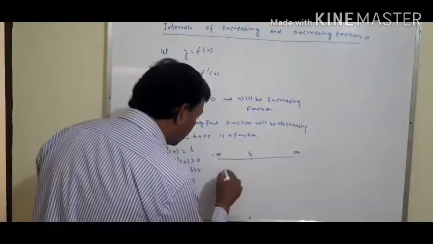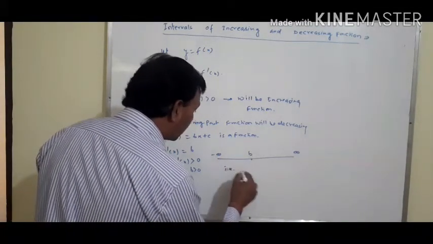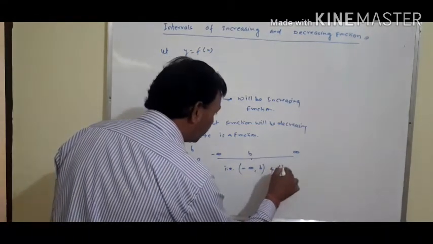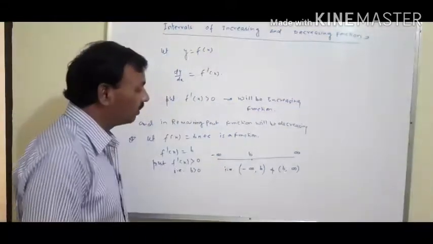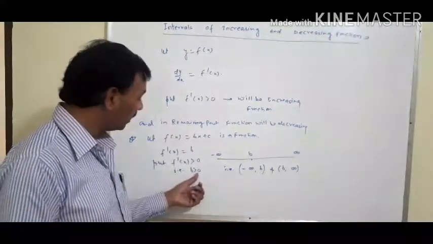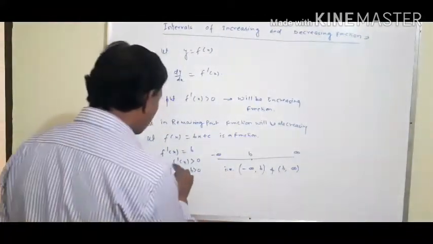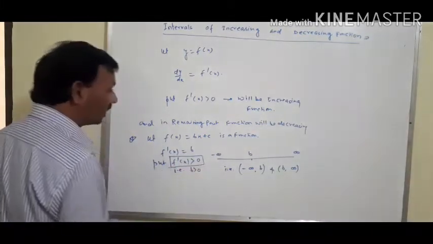That means minus infinity to b and b to positive infinity, and both intervals will be open intervals, because here it is not given with an equal to sign. So this is the condition, f dash of x is greater than 0.